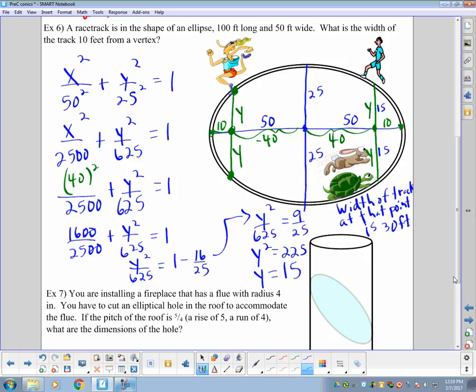So the width of the track right here is 30 feet. So this elliptical equation, we can use it to find a y coordinate of any point along this ellipse, okay?